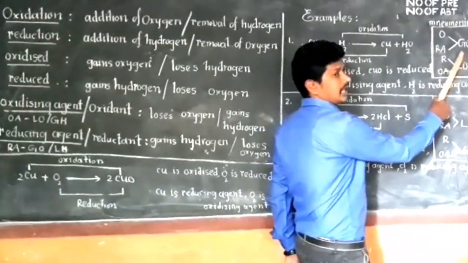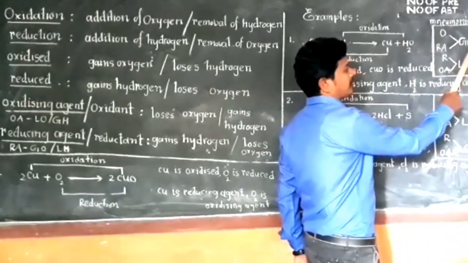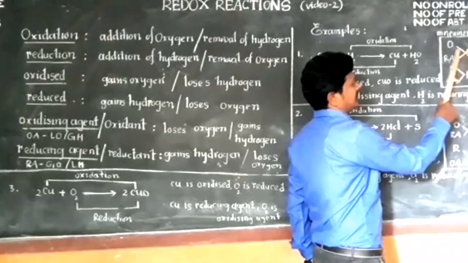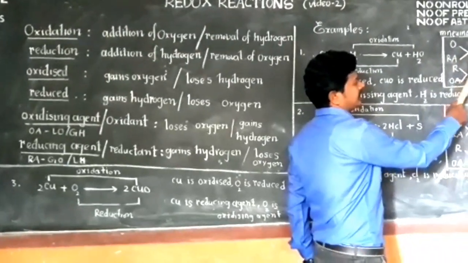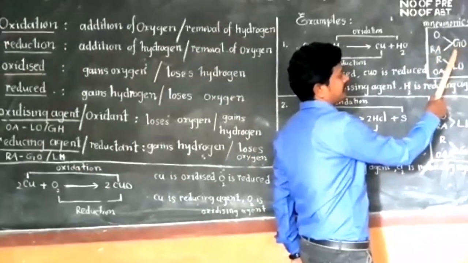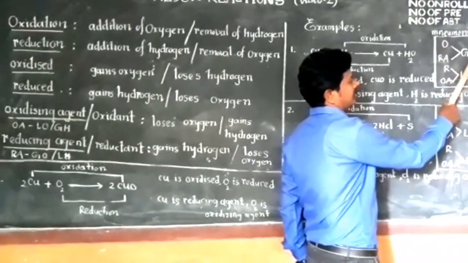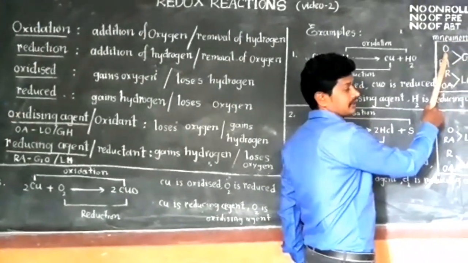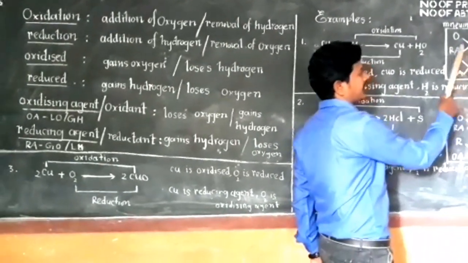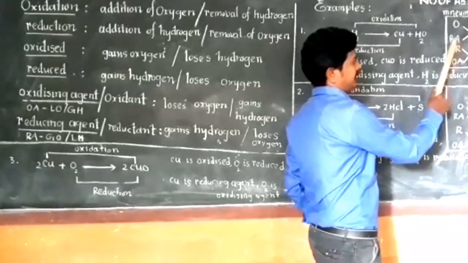G for gain, O for oxygen. So a substance which gains oxygen is called oxidized. O for oxidized. Next, a substance which gains oxygen is also called reducing agent.